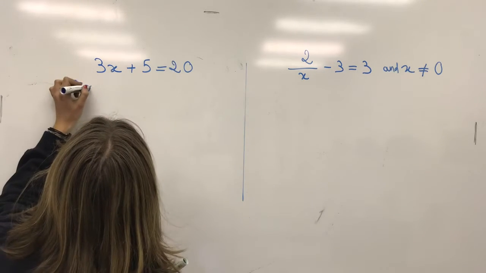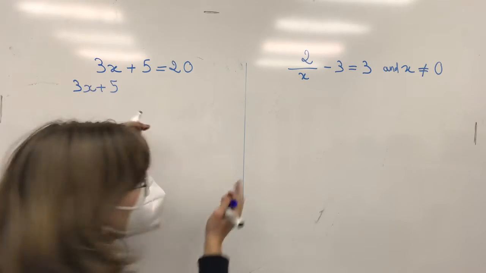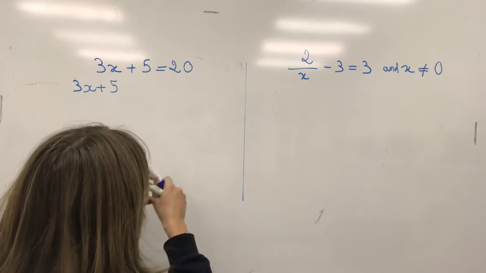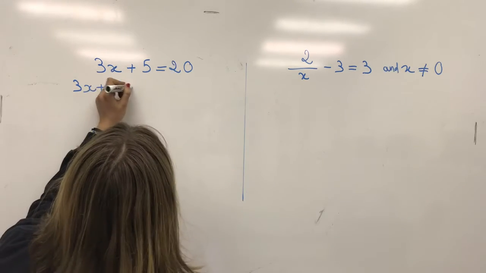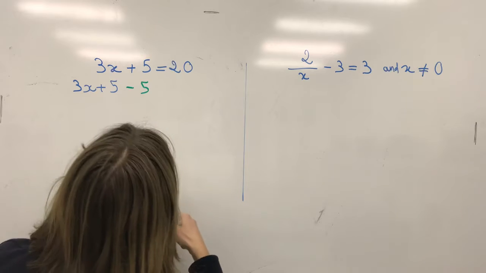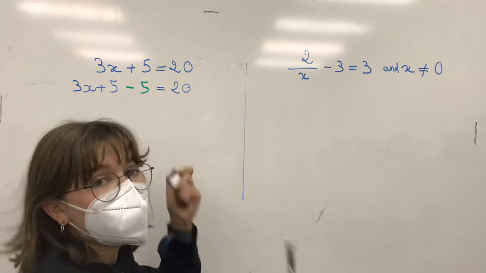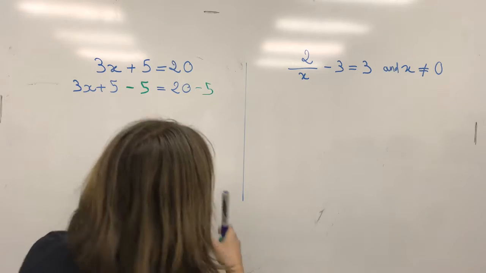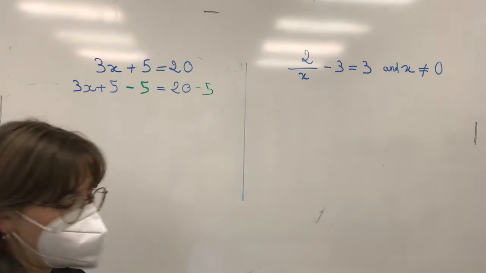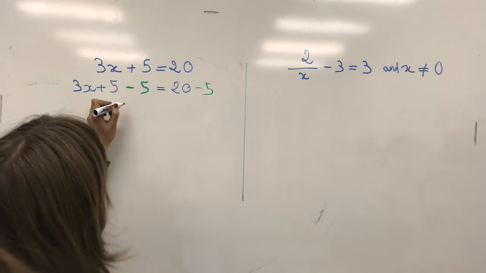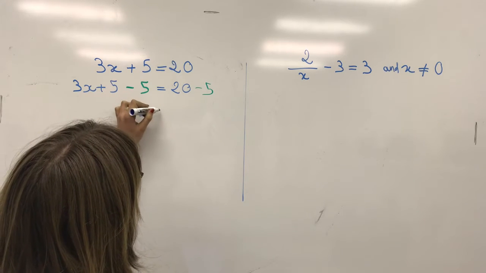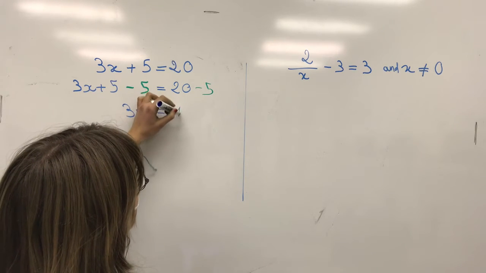On the left side we subtract 5, I'm doing it in green so that you can see it, and on the other side 20 minus 5. And so now we have only 3x on the left side, and on the other side it only remains 15.